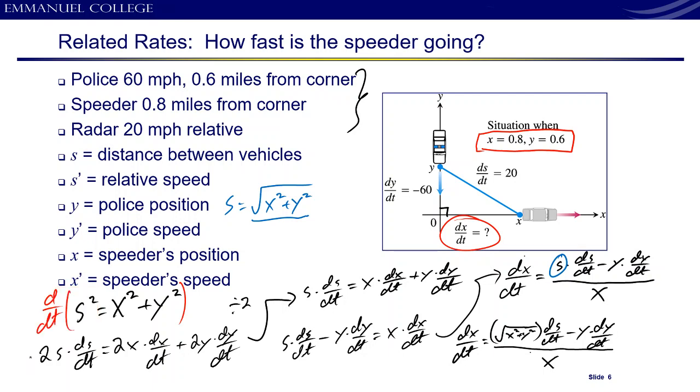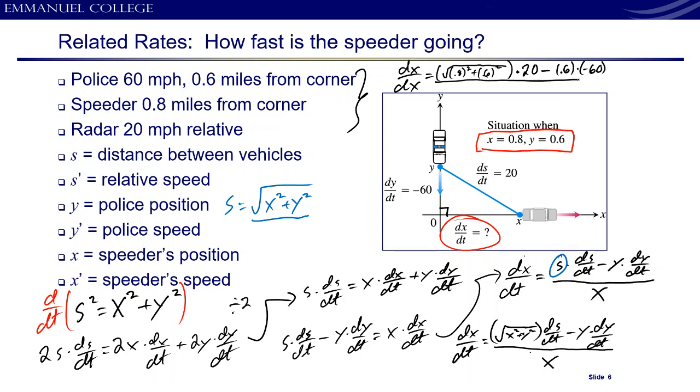If I plug everything in, you'll have to forgive me for writing it up here. dx/dt is going to equal the square root of 0.8 squared plus 0.6 squared, times ds/dt, which is 20, minus y, which is 0.6, times dy/dt, which is negative 60.